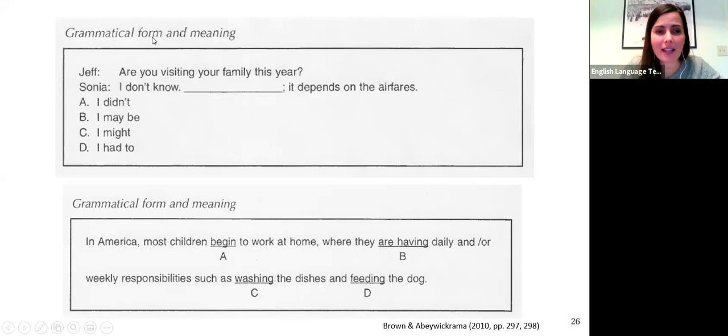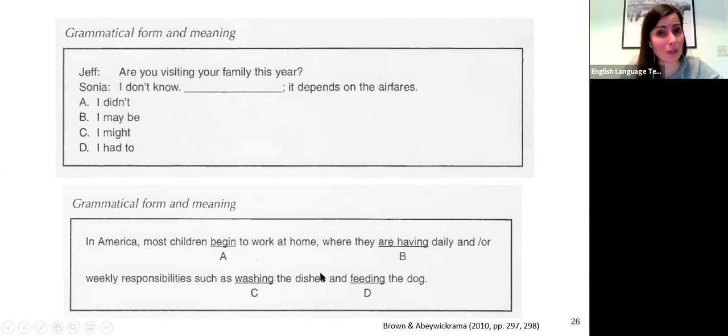And then here is testing both grammatical form and meaning, in that they have to understand that this present progressive is being used to talk about the future, and there is an uncertainty aspect to it here. So they choose the correct form C to complete the dialogue, right? And another example of exercises that focuses on form and meaning.